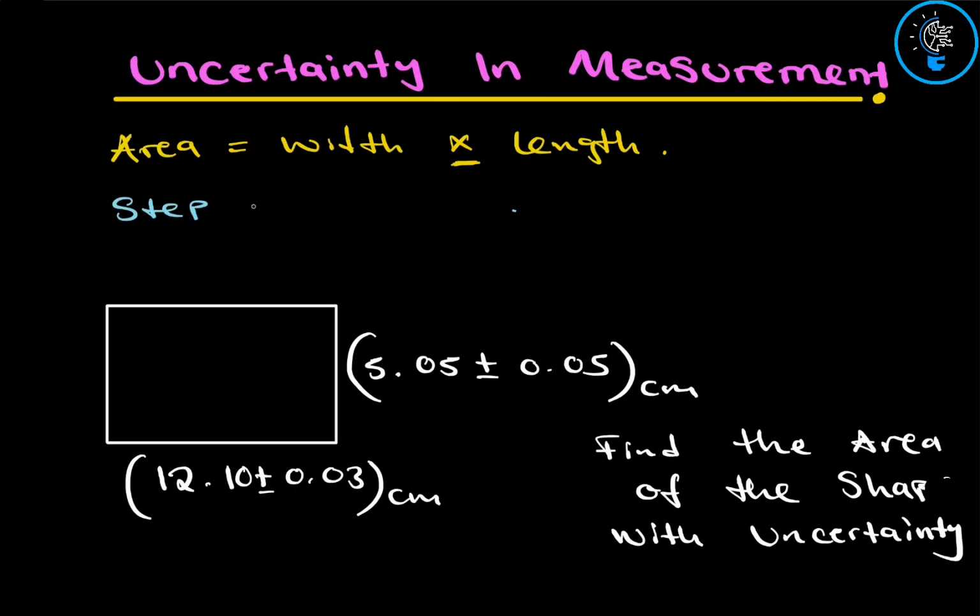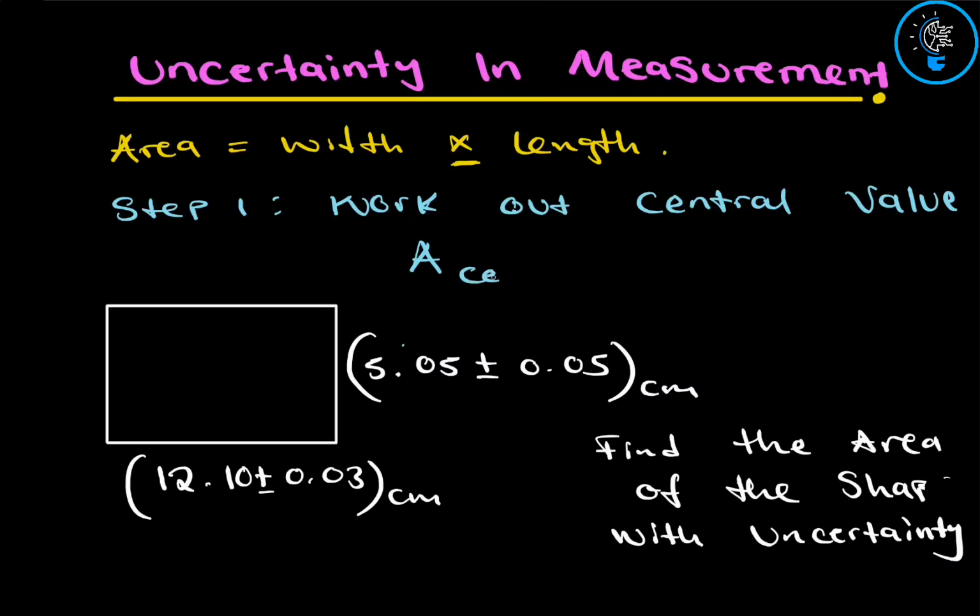As usual, our step 1 will be working out the central values. So central values, we have this one. The area, this time at the central value, will be equal to 5.05 times 12.10.